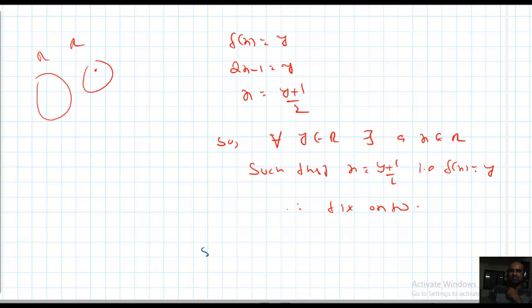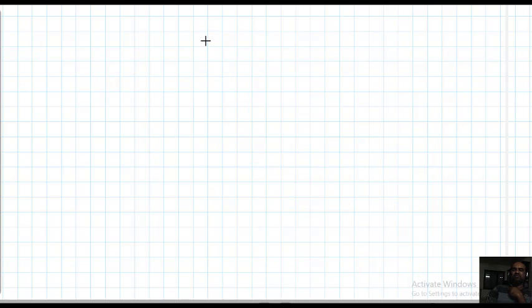Okay, so f is one-one and onto. That is, f is bijective. Next step. So f inverse exists. That's all, f inverse exists.